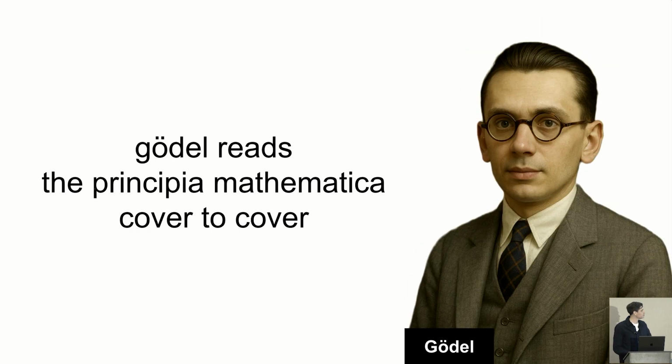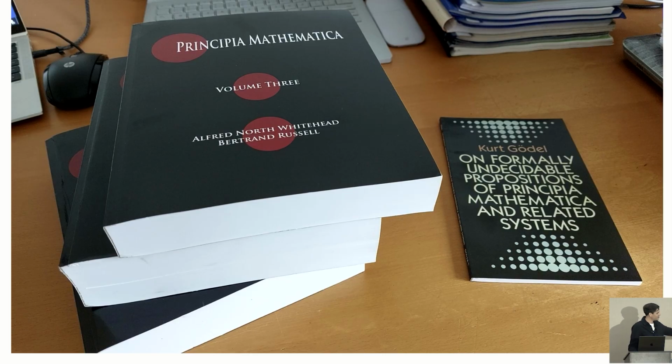It's a huge work. It's enormous. But there was one guy who actually read it cover to cover. His name is Gödel. And here's a comparison between Principia and Gödel's critique, which is just really tiny. And the thing that Gödel showed at the end of this was that, hey, all this work that Russell put in, well, actually, these systems that you're trying to build are fundamentally undecidable.